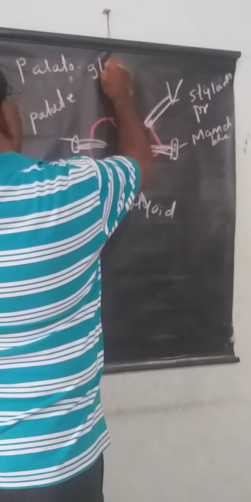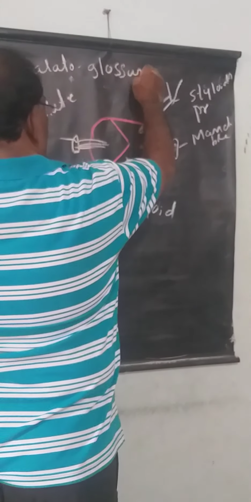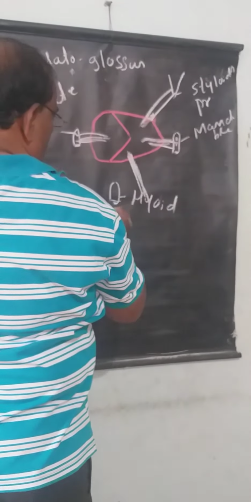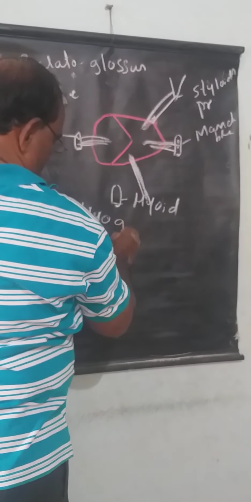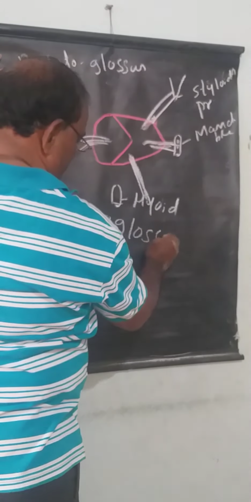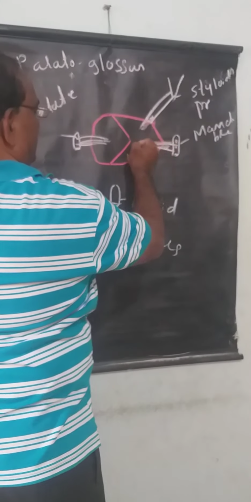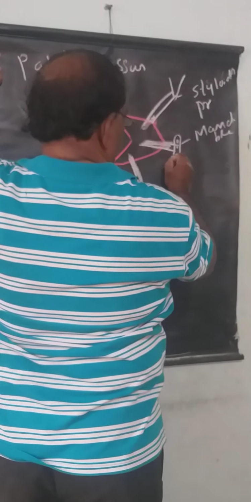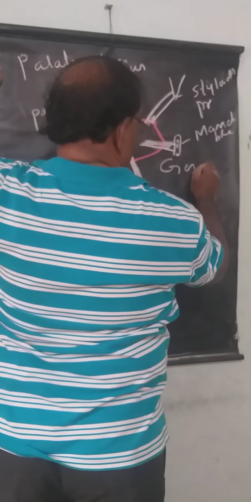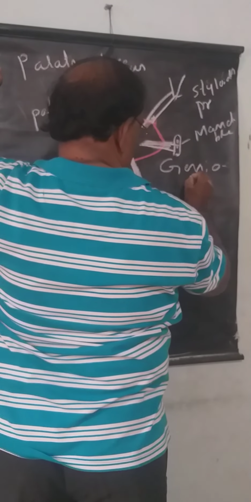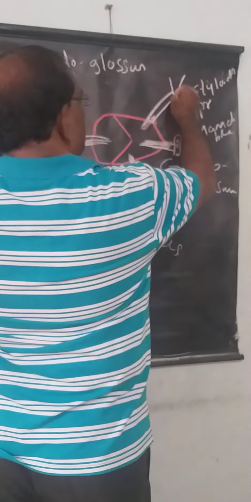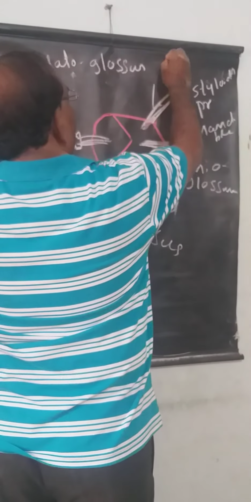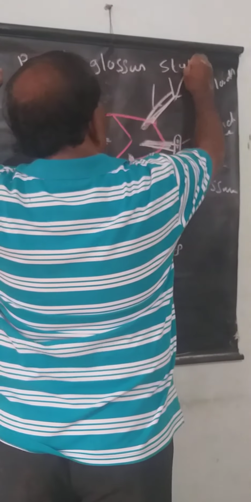From hyoid to tongue, hyoglossus. From mandible to tongue, genial tubercles are here, genioglossus. Styloid process to the tongue, styloglossus.